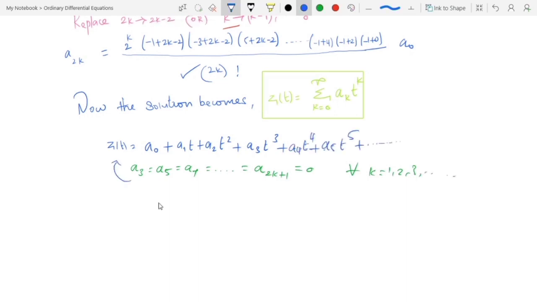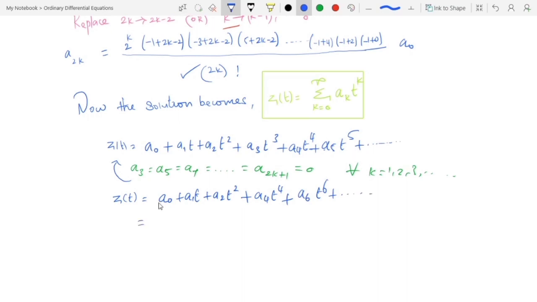Substituting in the above, we get z of t is equal to a0, a1 t plus a2 t square, a3 is 0, so skip the term, a4 t power 4, a5 is 0, a6 t power 6 and so on.